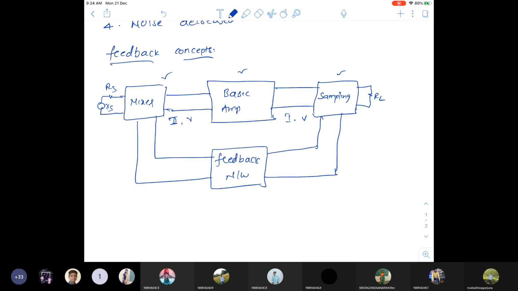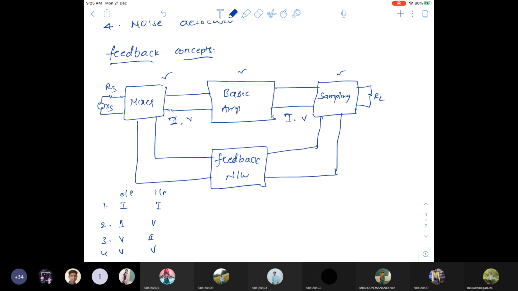If output is current and input is current, output is voltage and input current, and so on, there are two and two, so you get four combinations. So the first combination is for the output and input signal: output current with input current, output voltage with input current, and so on, voltage and voltage.